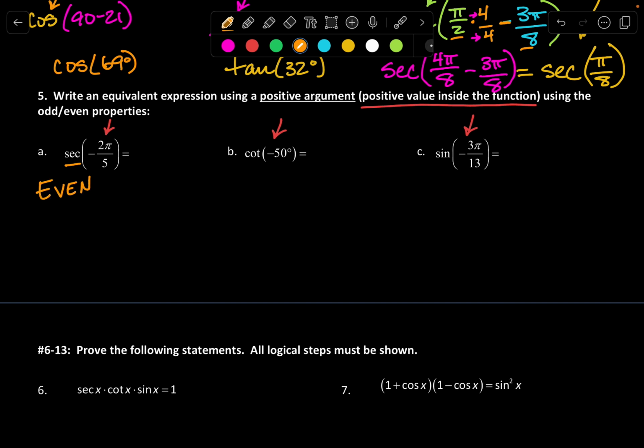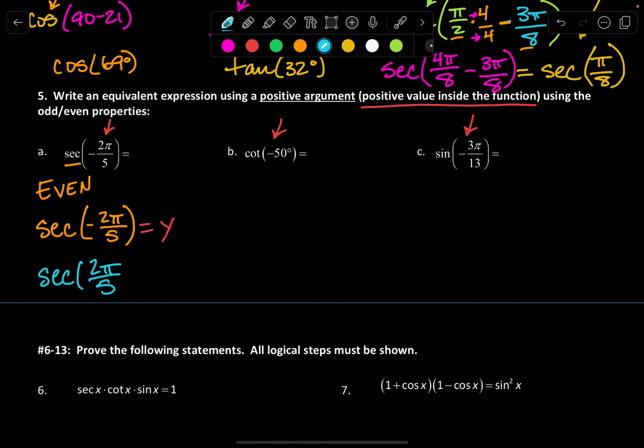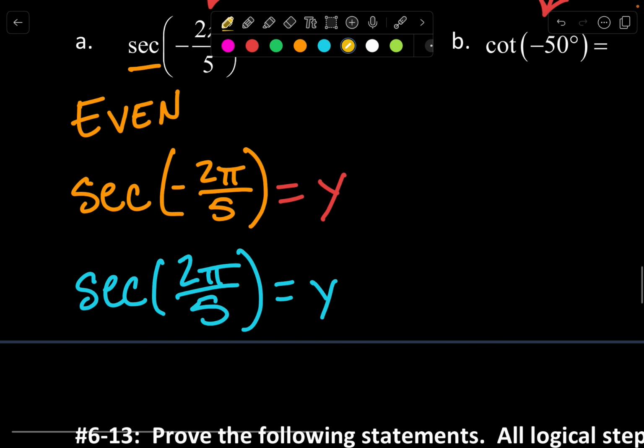What that means is if I have the secant of a negative number, and let's say that equals y, then the secant of that same input but positive will also be y. So again, if you remember from 9.4, I have opposite inputs and matching outputs. That's the definition of an even function.